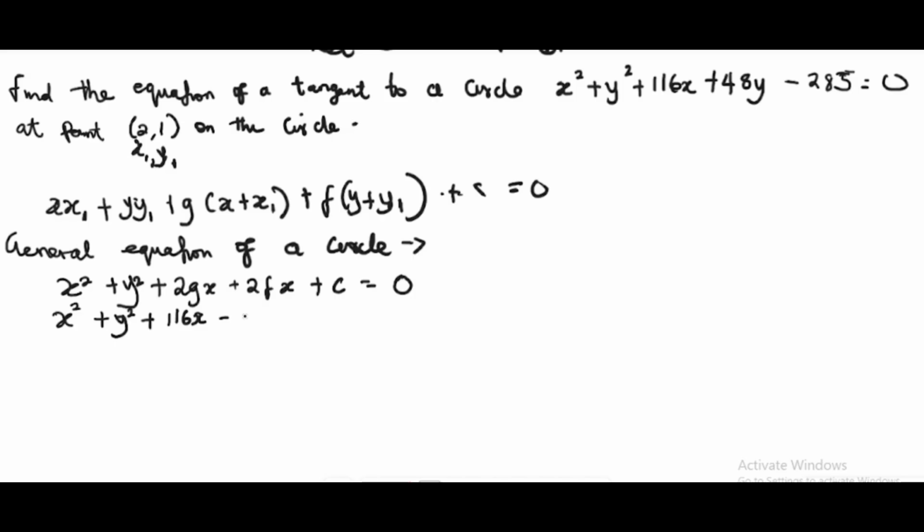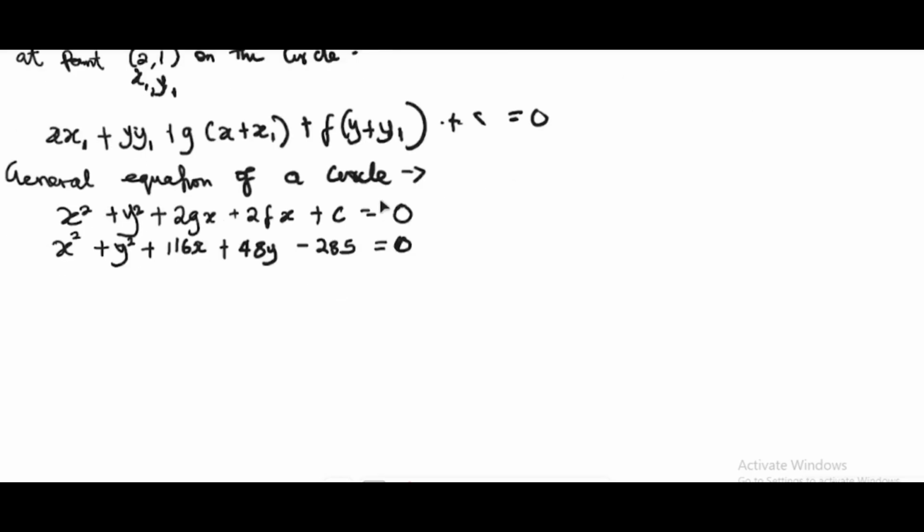So now why are we comparing? Now from the question, we already know our x1, y1, but we do not know our g, our f, and our c, I mean, for the equation of a tangent, which we wrote down first. So we have to compare so as to obtain our g, f, c, and then substitute there to find the equation of the tangent to that very circle. So if we compare these two equations, the coefficient of x is 2g, and the coefficient of x in the second equation is 116.